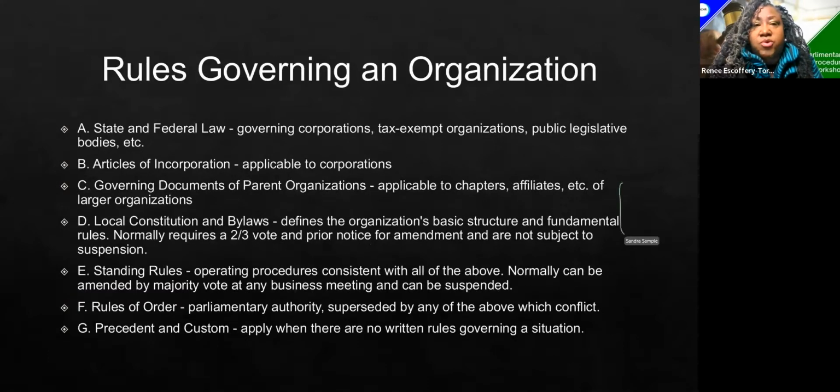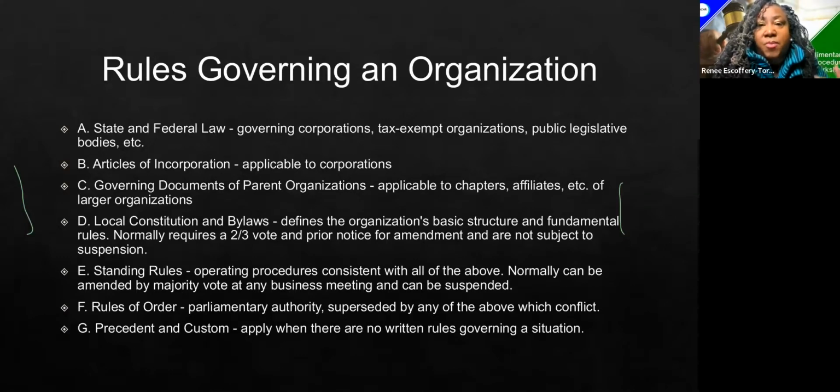So let's talk about the rules that govern an organization in terms of the hierarchy of what you adhere to first. So, of course, at the very top is state and federal law. In your organization, you can't do anything that will break the law, whether it's state guidance or federal guidance.